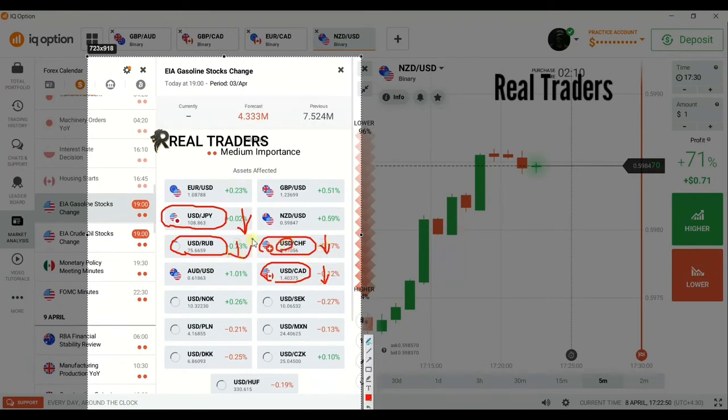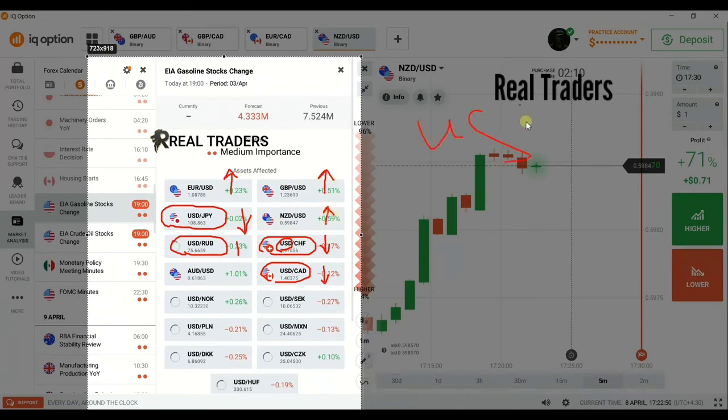But the pairs where the USD is in the second place, like Euro USD, you can see USD is in the second place, so USD goes down but Euro will go up, so the price in the Euro USD will go up, in the GBP USD will go up, in the NZD USD will go up.